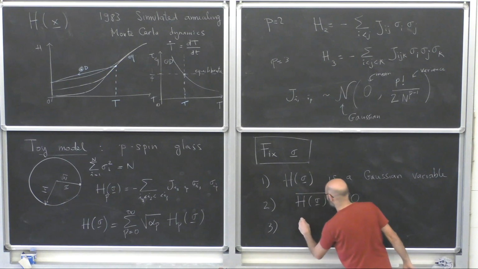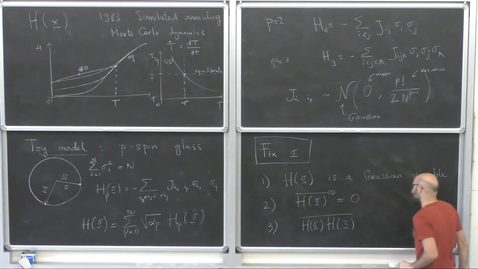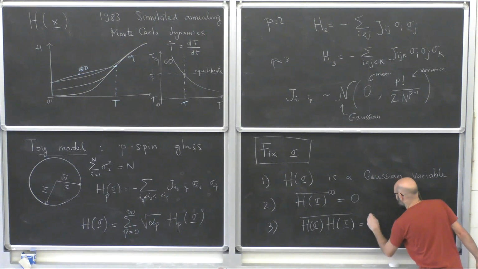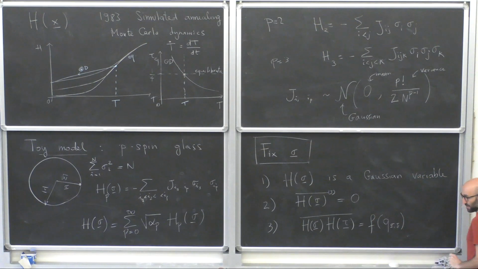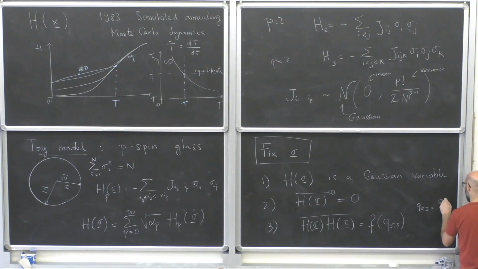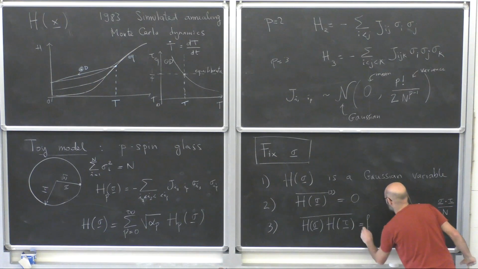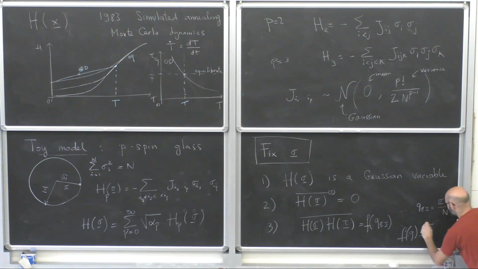And the third exercise is to show that the covariance between h of sigma and h of tau for any pair sigma tau is given by a function f of q sigma tau, where q is the scalar product of sigma and tau divided by n, and f of q is given by the sum over p of alpha p q to the p.